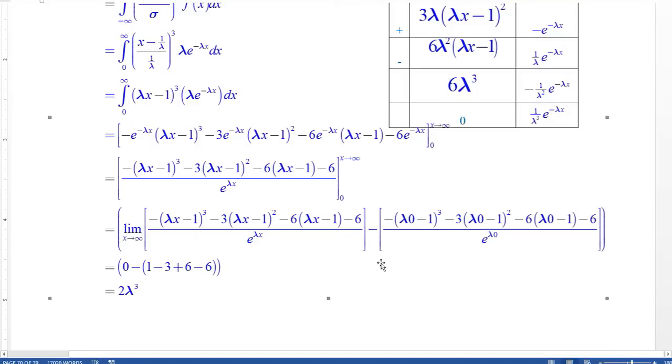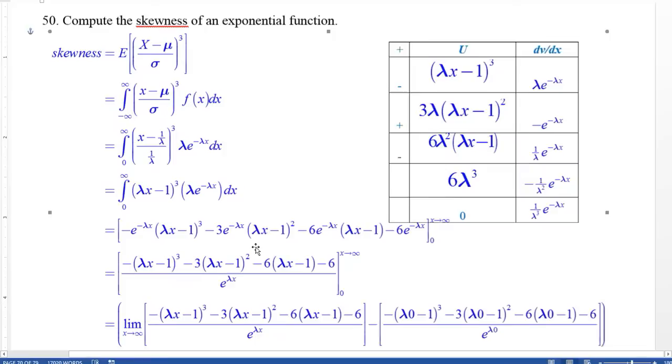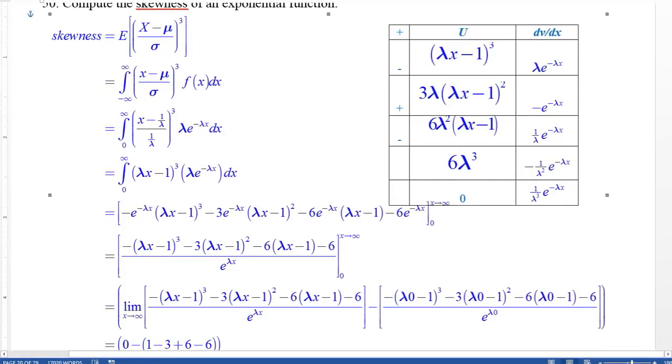Should have lambda in it somewhere. Okay, so I think we have it all fixed now.